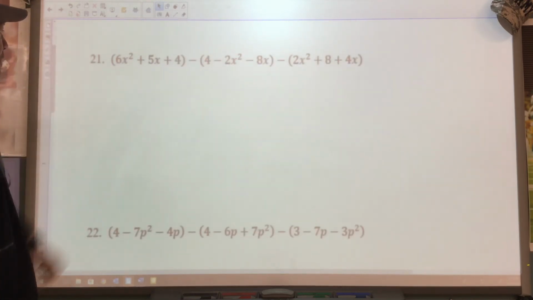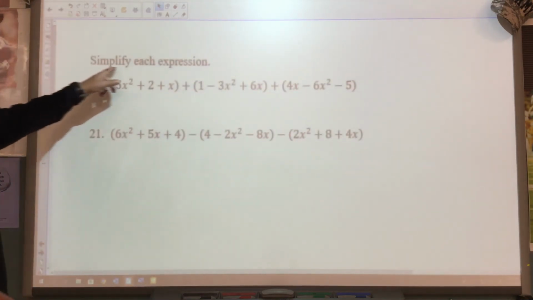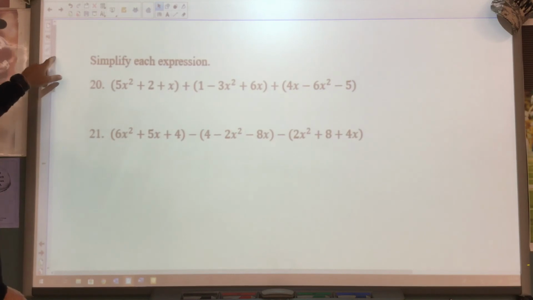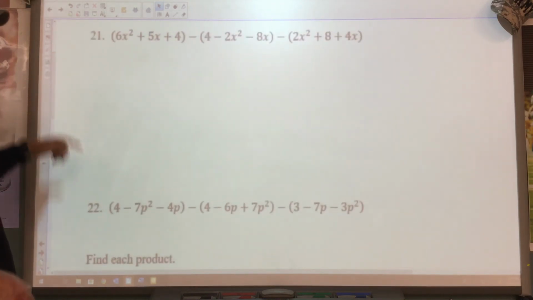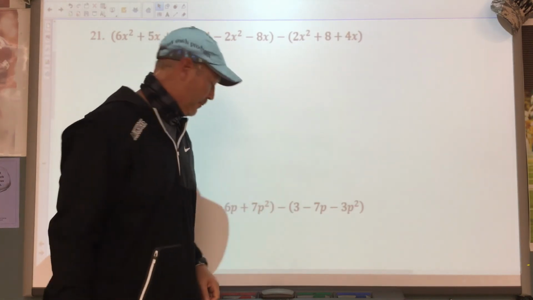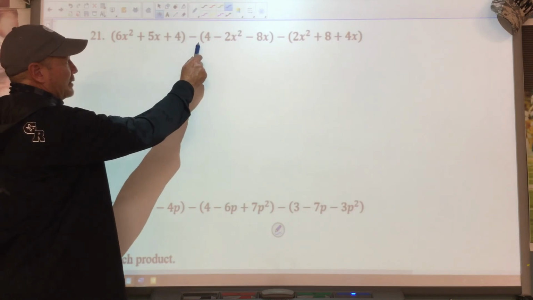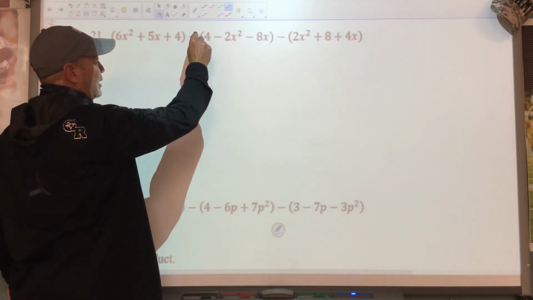Number 21. All they're going to ask us to do is read the directions real quick. They're going to ask you to simplify each expression. That means we're going to perform operations possibly and then combine like terms. What we see is a minus sign. We have to distribute the negative.